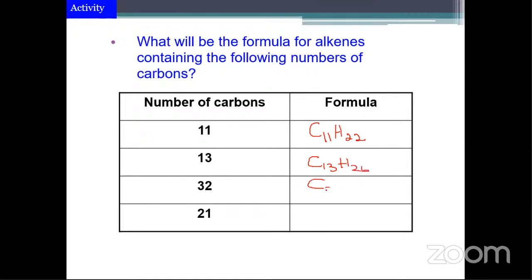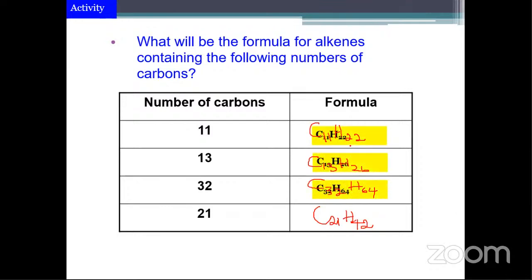And for C32, how many H's would you have? 64, right? And for C21, how many H's would you have? 42, right? So that's what we mean. When you follow the general formula, it's easy to determine how many hydrogens you will have.